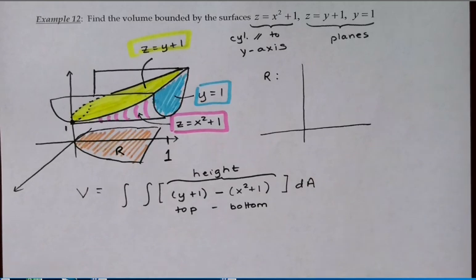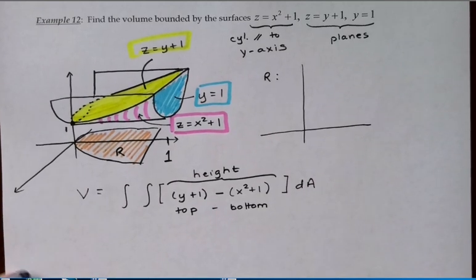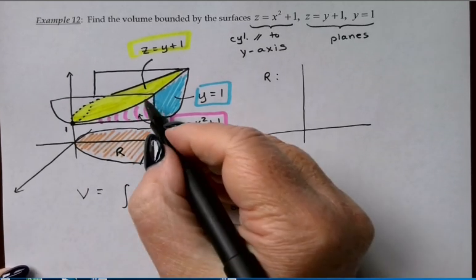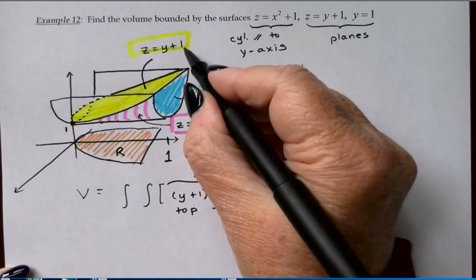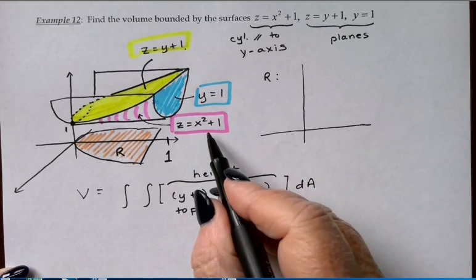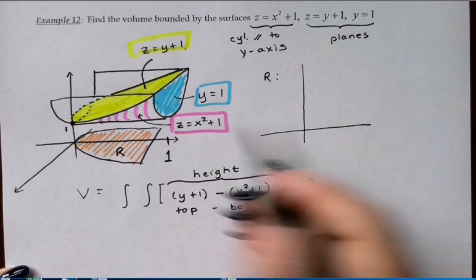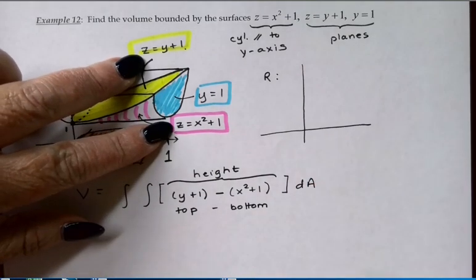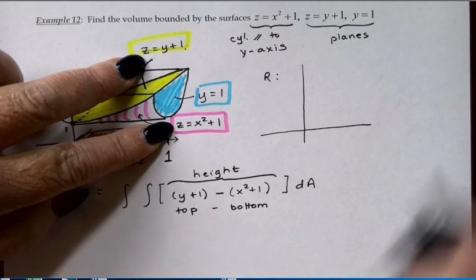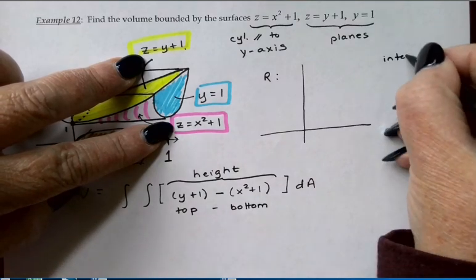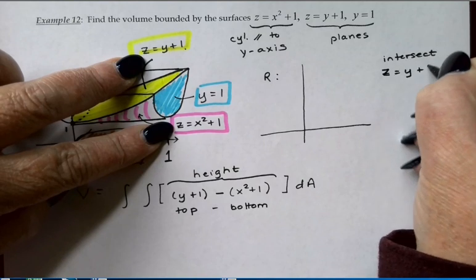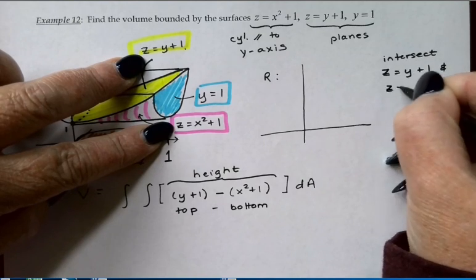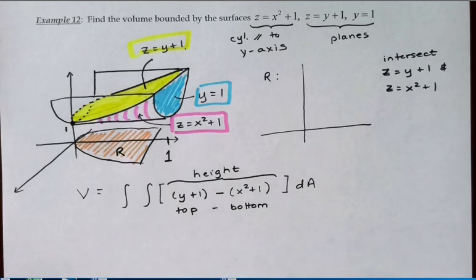In order to draw that accurately in the xy plane, what I'm going to do is notice that that parabola is really the intersection of this plane, y plus 1, with this cylinder, x squared plus 1. They're both equal to z. So to get their intersection, all I really have to do is set the z's equal to one another.